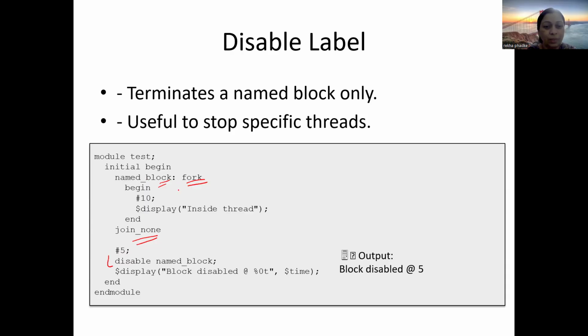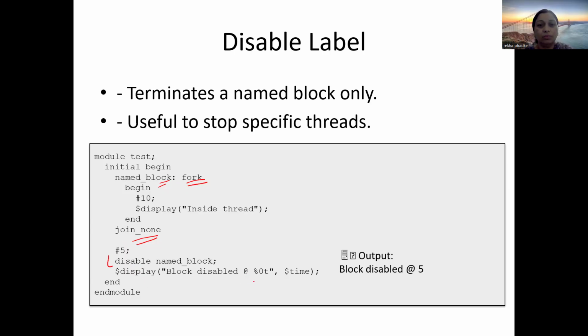So this block gets disabled at 5. Then at 10, this had to have executed, but it will not because I've disabled this block at 5. So at 10, whatever is there will not get executed because it's already disabled. Okay. So $display block disabled at 5, and that's it.